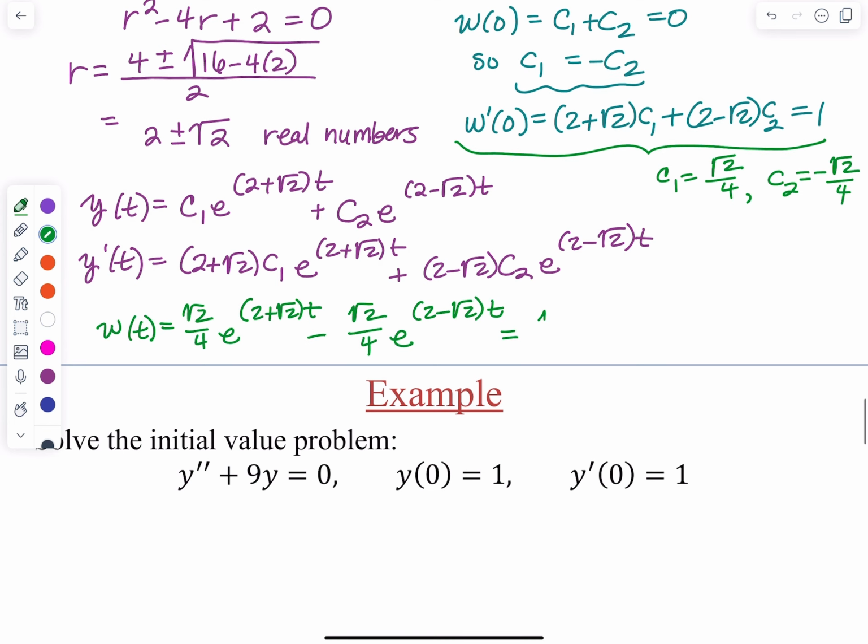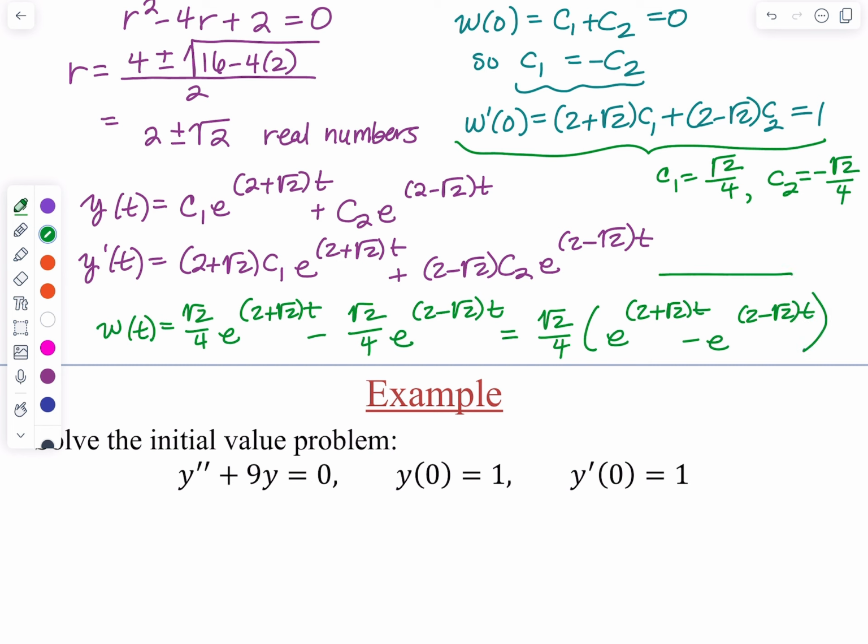And if you'd like, you can go ahead and factor that root 2 over 4 out. It makes it kind of nice. We have e to the 2 plus root 2 t, and then we have minus e to the 2 minus root 2 t. And that is our solution to that IVP, our particular solution.